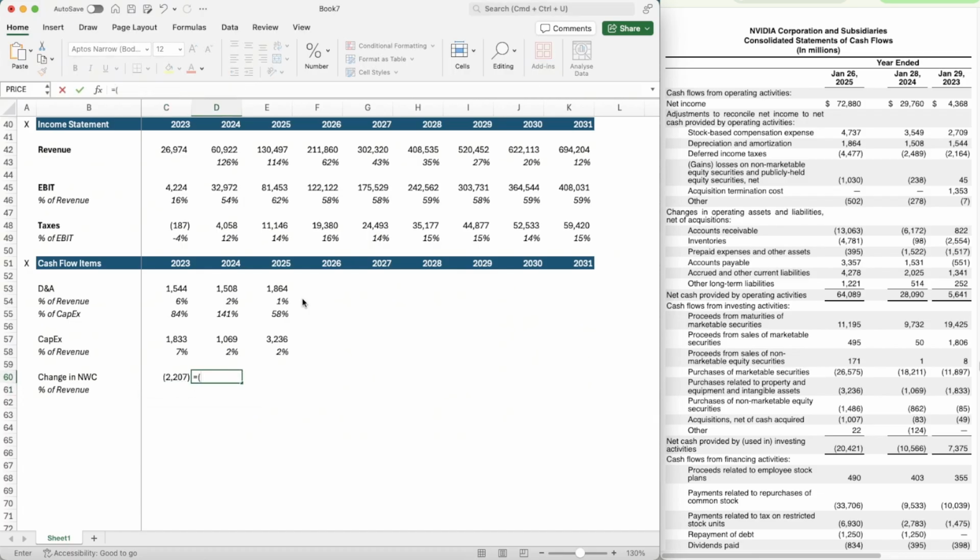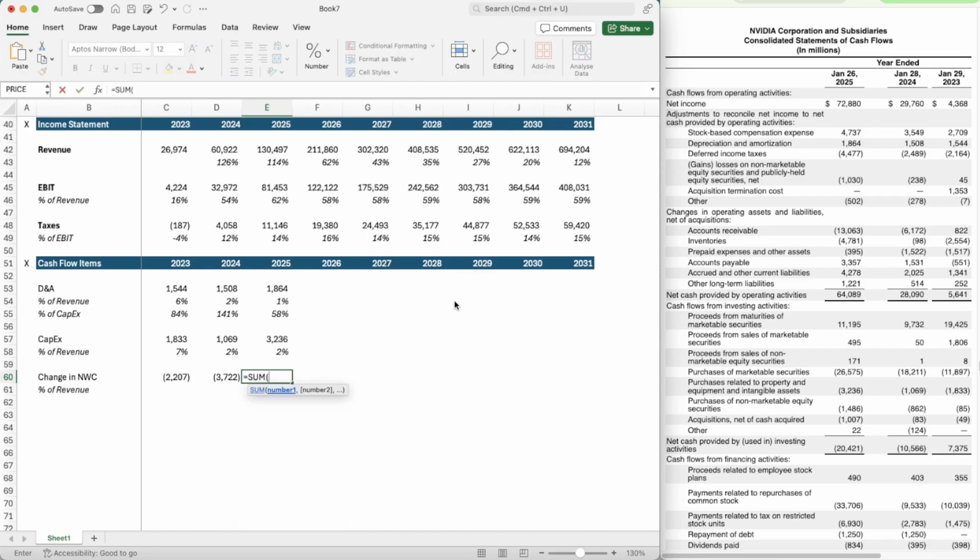We do the same again, negative 6172, negative 98, negative 1522, 151, 2025, 514.